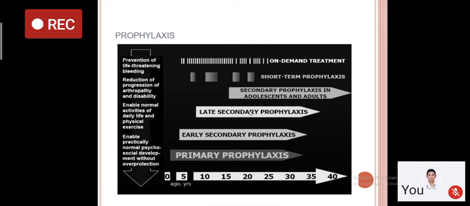But once permanent joint damage has already happened and then we start with the prophylaxis, this is termed late secondary prophylaxis. The results of late secondary prophylaxis are not so good as compared to the primary prophylaxis, because here the joint which has already been involved from bleed might not improve fully even if you start regular prophylaxis in these patients.